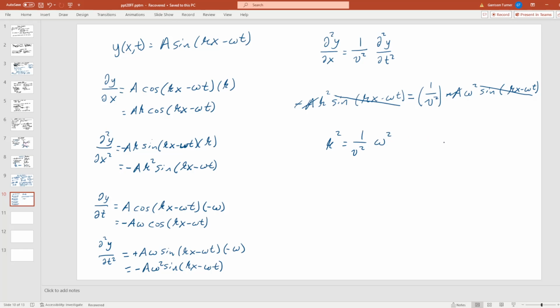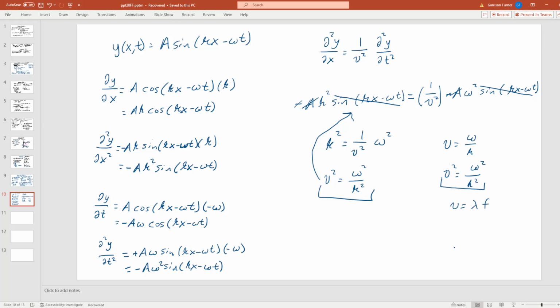But remember, earlier we defined v as omega over k. So v squared must equal omega squared over k squared. This result was from the derivation from the wave equation, and this result was from the fundamental idea that velocity is equal to wavelength times frequency.